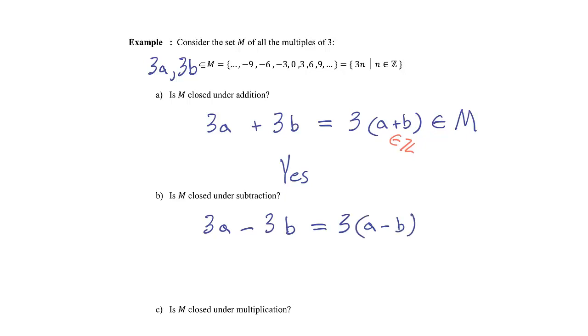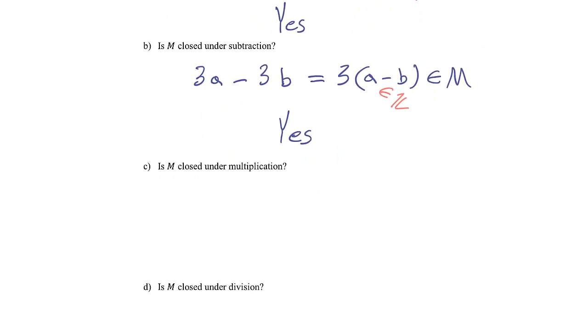Now, a minus b is again an integer. You take two integers and you subtract them, you get another integer. When you take that integer and you multiply by 3, you will get a multiple of 3. And that is exactly what's in our set, all the multiples of 3. So we can say yes, we are closed under subtraction.